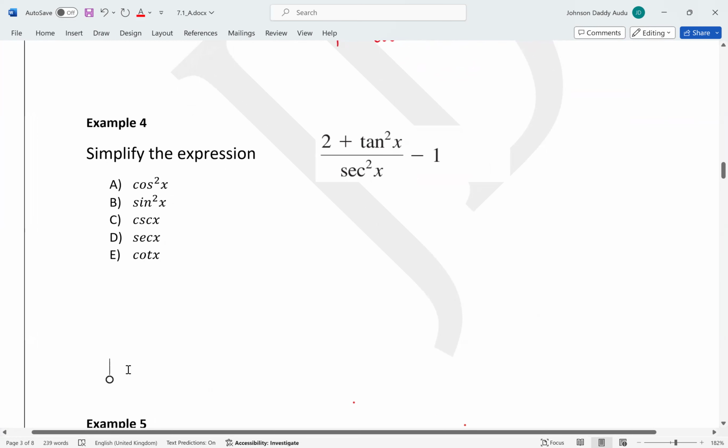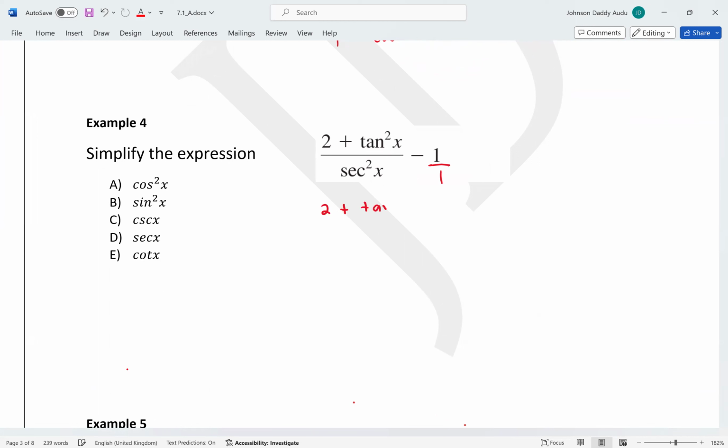You can try to make the denominators the same, because this is 1 over 1. So we can write this as just 2 plus tan squared over sec squared x minus sec squared x over sec squared x. So this is just making the denominator the same.